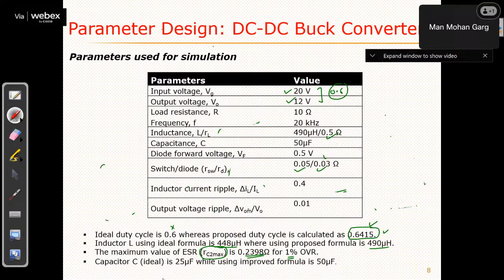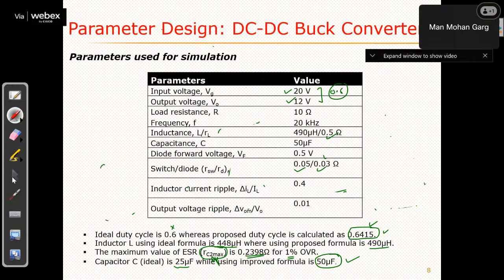Similarly, the ideal value of capacitor is 25 microfarad, but in actual, to meet this requirement, we have to increase the capacitor value to 50 microfarad, because ESR is there in the picture now. So to mitigate the ripple due to ESR, we have to increase the capacitor value. So that is 50 microfarad we need.